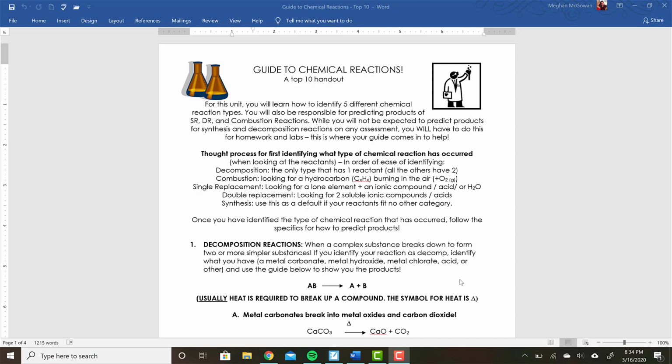So some of this we have already talked about in class, namely this part here, the thought process for identifying what type of chemical reaction has occurred. This is in order from easiest to identify with decomposition to hardest to identify, synthesis.